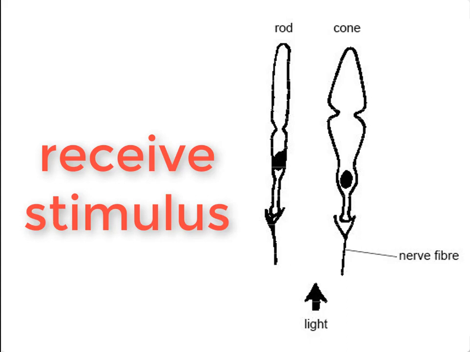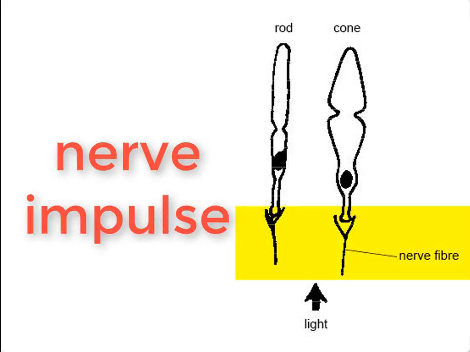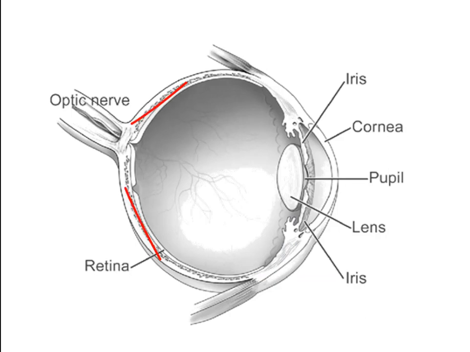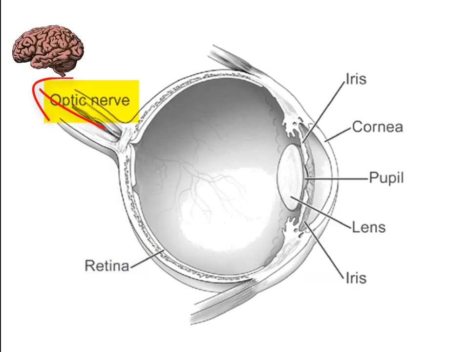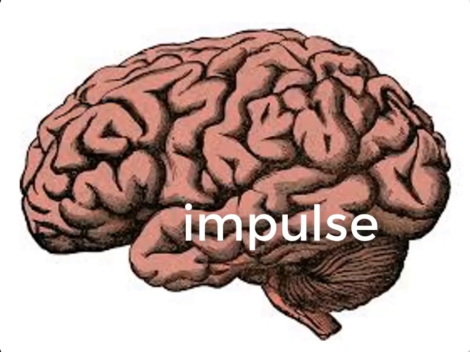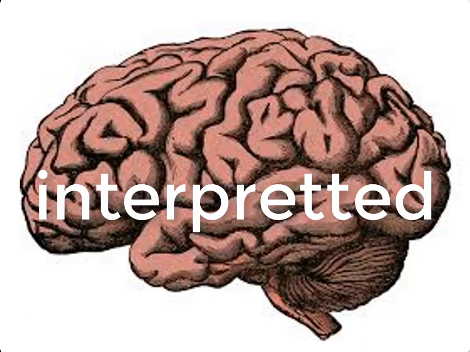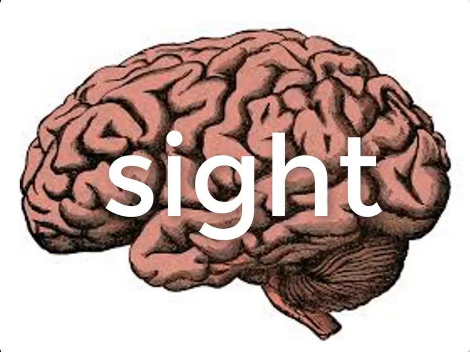They are stimulated by the light, and the stimulus of the light is converted in the retina into a nerve impulse, a nerve message. And that impulse is carried from the retina to the brain via the optic nerve. And when that impulse reaches the brain, it is interpreted as sight, as an image.